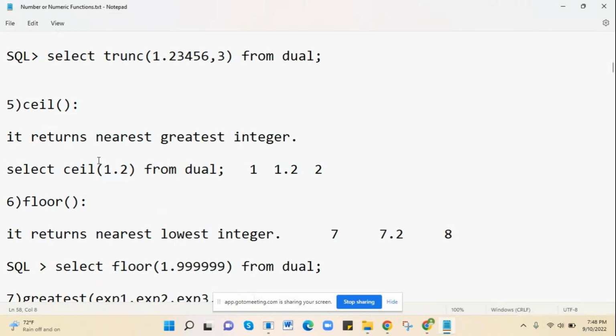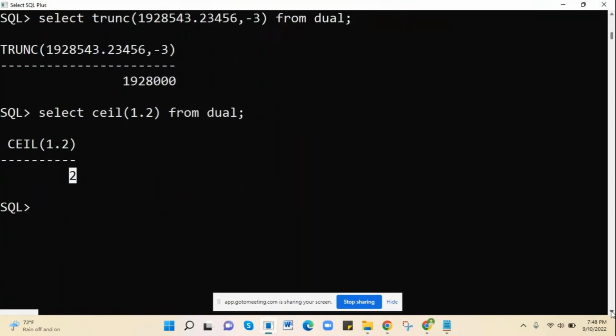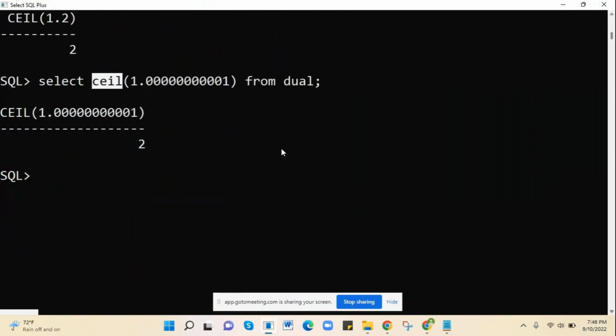Select seal 1.2, 4. Seal అంటే always it is the top one. Even though it is 1.00000001, still it will give the 2 only. Why? Because it is a seal. Okay? Nothing but top of our room.